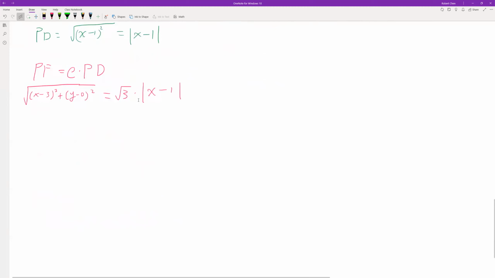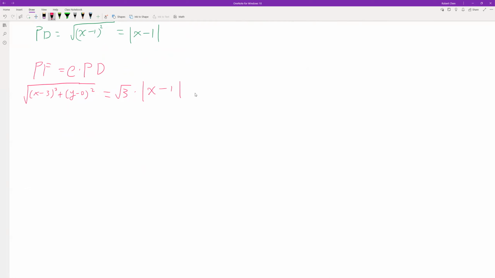Okay, and let's attempt to simplify this equation, see if we can get a Cartesian equation of the hyperbola. So first we can square both sides. Right? So square both sides. And we will have x minus 3 squared plus y squared is equal to 3 times x minus 1 squared.